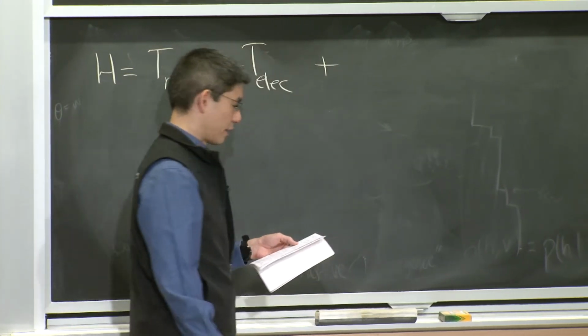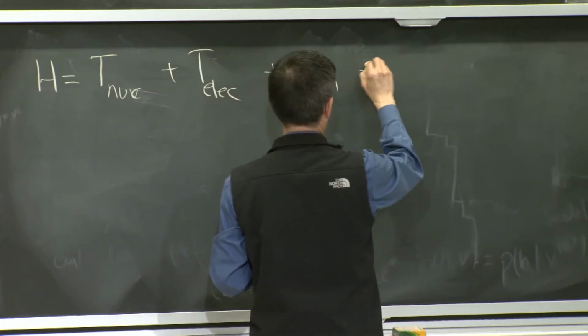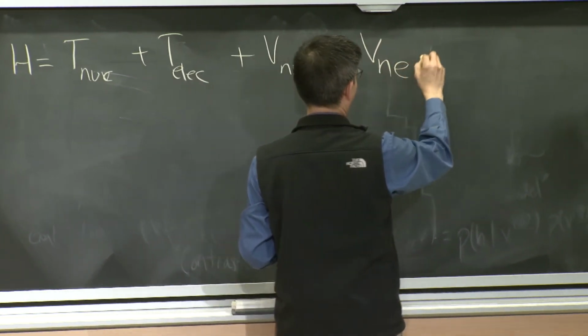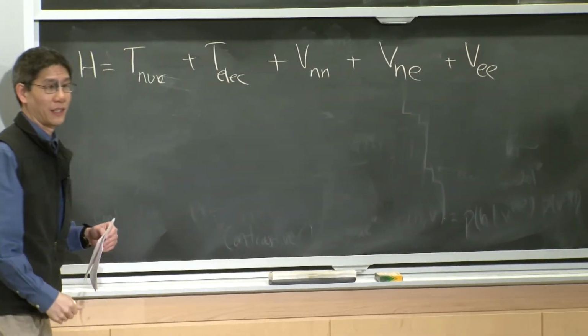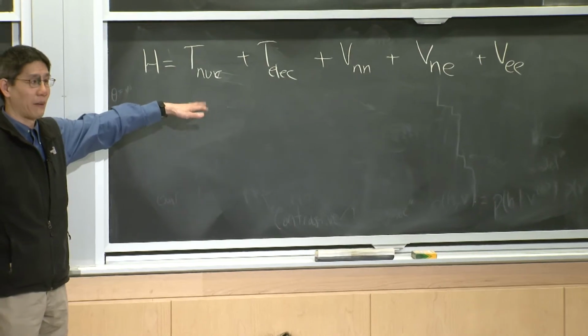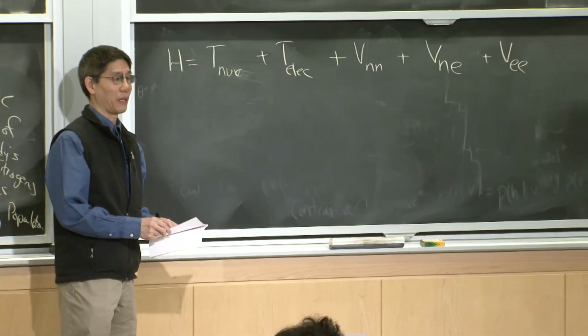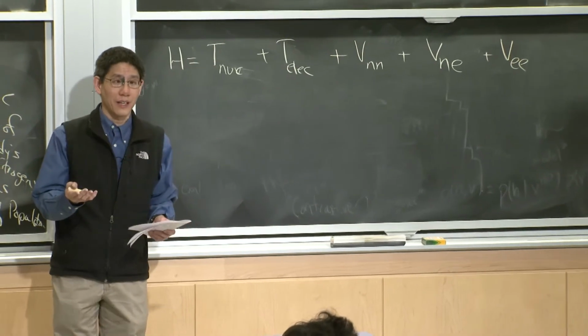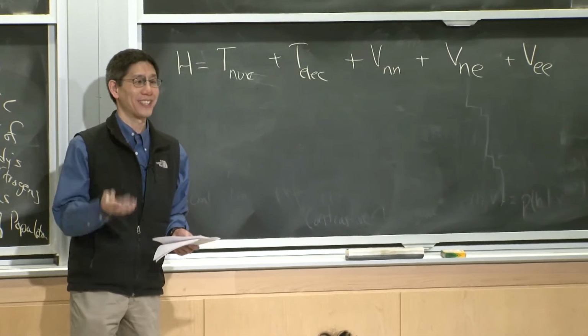And then there are interaction terms between the nucleons and nucleons, between the nucleons and the electrons, and the electrons and the electrons. And I'll expand into this Hamiltonian in a little bit to show you concretely what this means. But suffice to say that we can write down a very accurate description of the system.